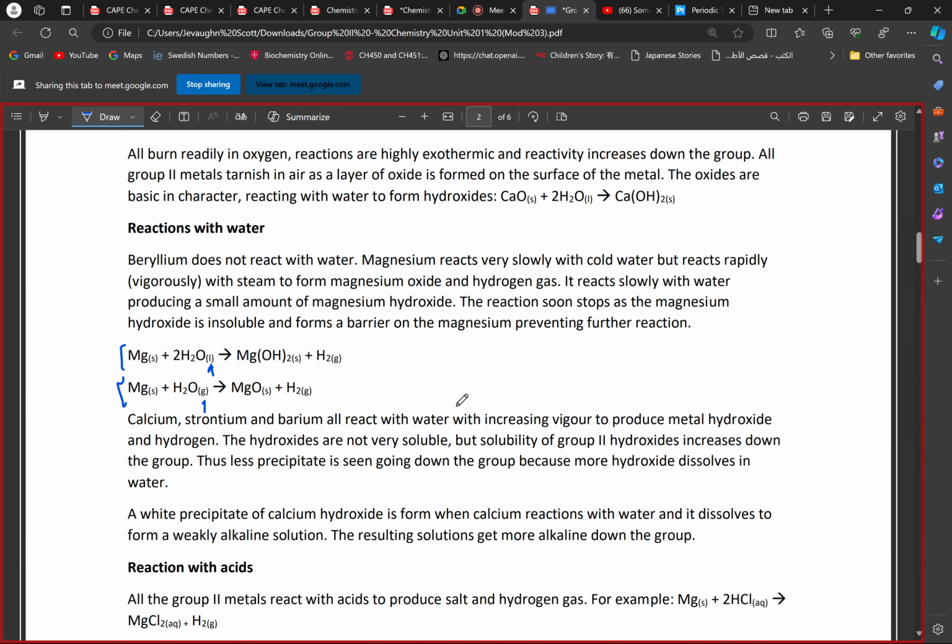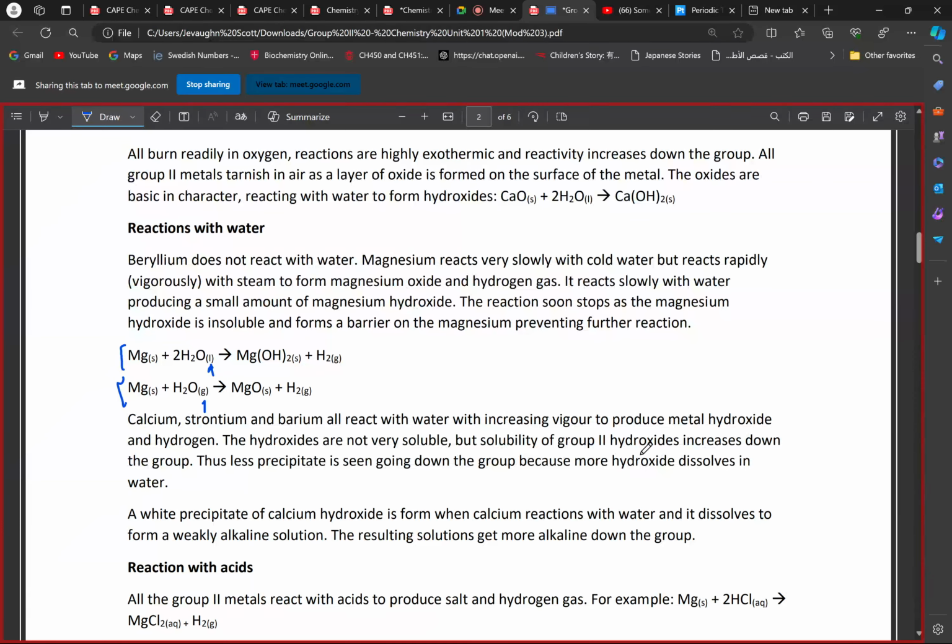The hydroxides are not very soluble. We know the solubility of the group 2 hydroxides increases, my bad, it actually increases going down the group.